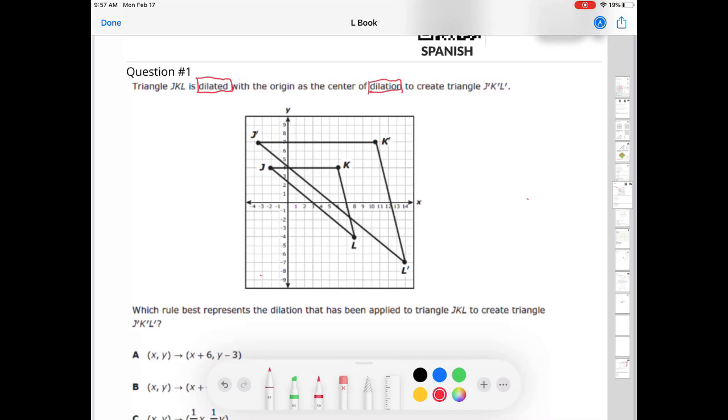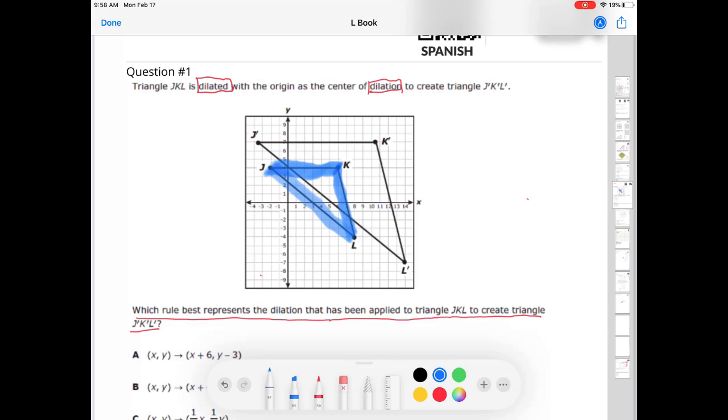Which rule represents the dilation that has been applied to triangle JKL to create triangle J prime, K prime, L prime? Remember, underline the last sentence, which is basically telling us what we need to do or what we're looking for. Now I'm going to highlight in blue my old shape, or old image, as they say.